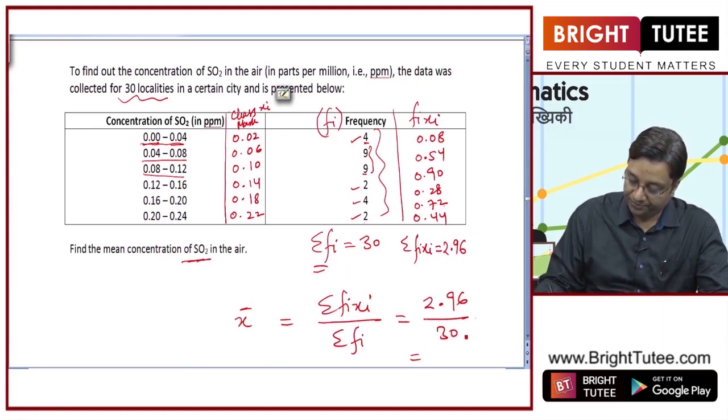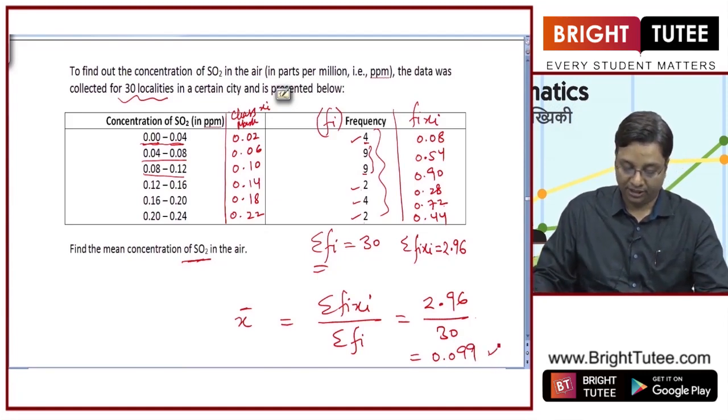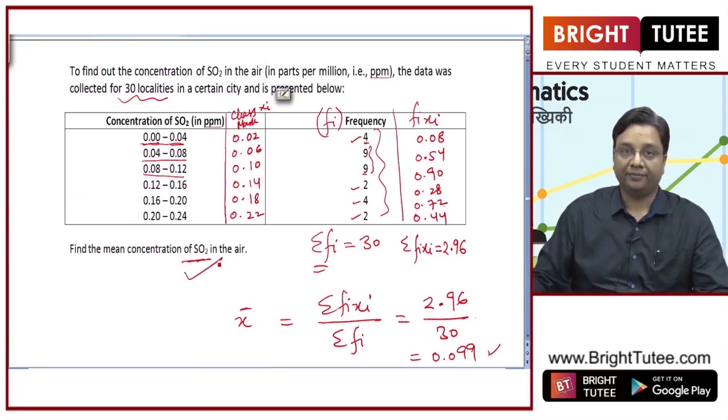And it is equal to 3 9s are 27, so it will be equal to 0.099 approximately, right? So this is the mean concentration of SO2 in the air.